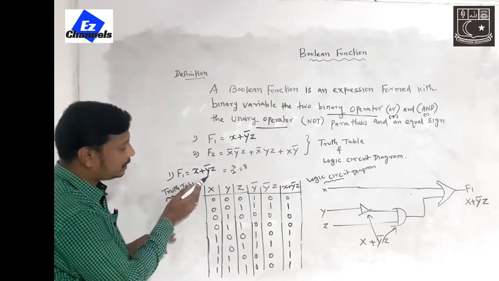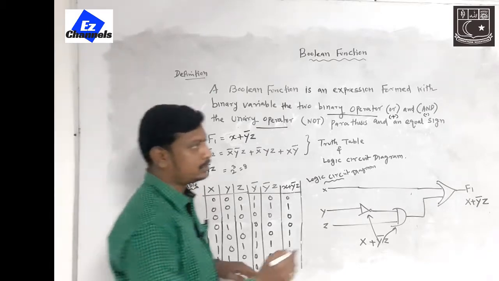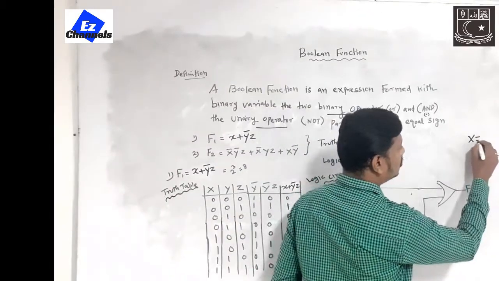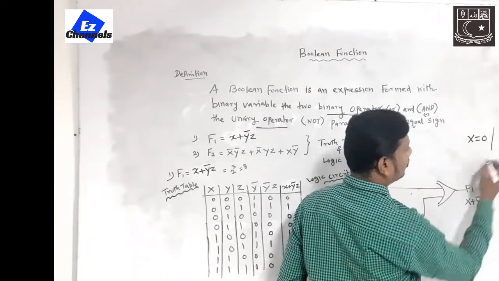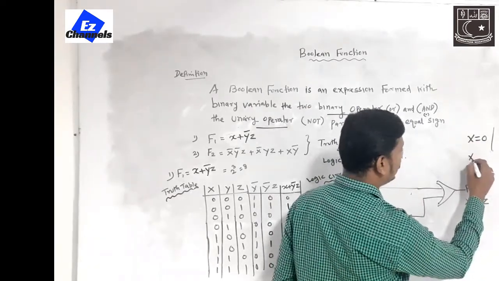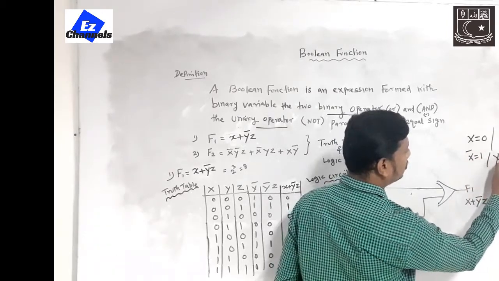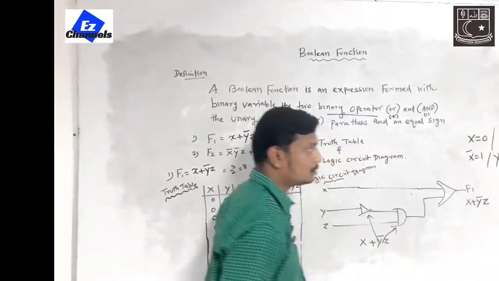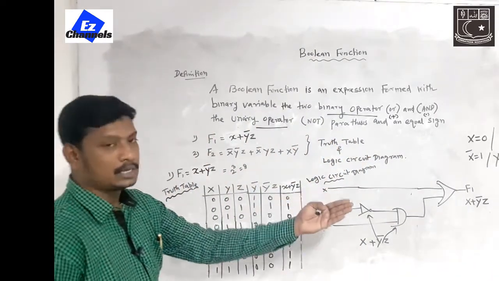What is the condition? First solve y bar. As I already explained, x equal to 0 means x bar equals 1, and x bar equal to 1 means x equals 0. You can use this condition from your last class.